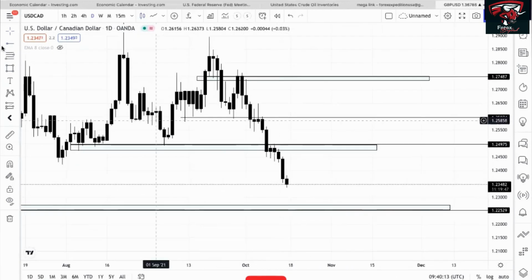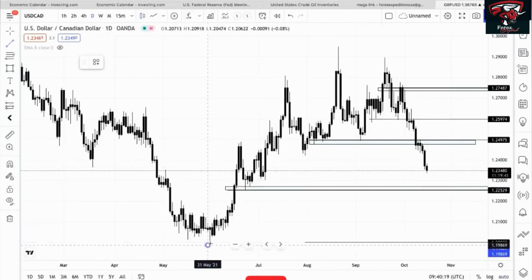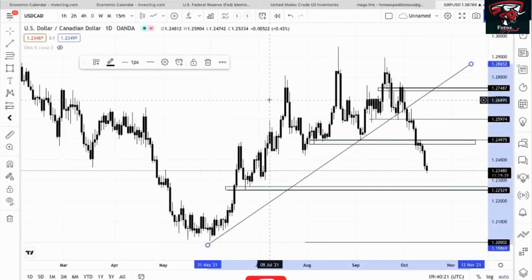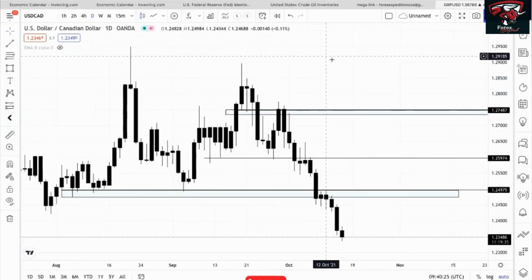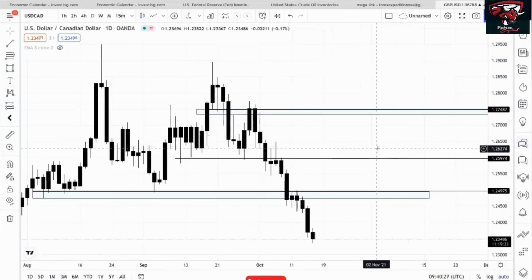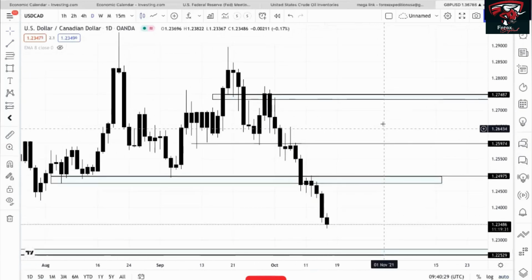Now, if you can pull a trend line, remember what I said. When you pull a trend line, you don't pull it from the old information because it does not exist anymore. You guys remember that? We always look at the current information if it's possible for us to pull a trend line.